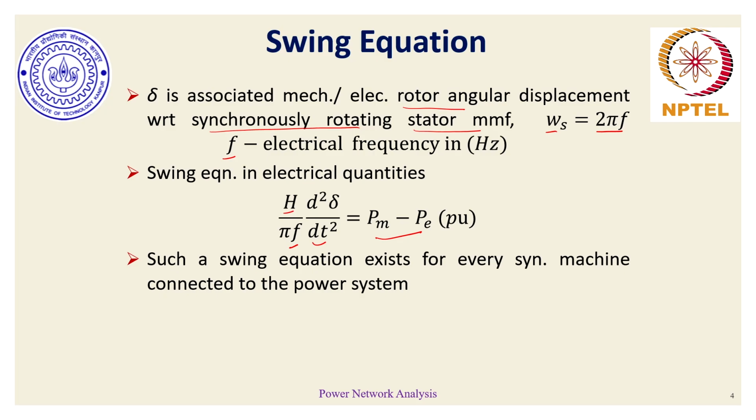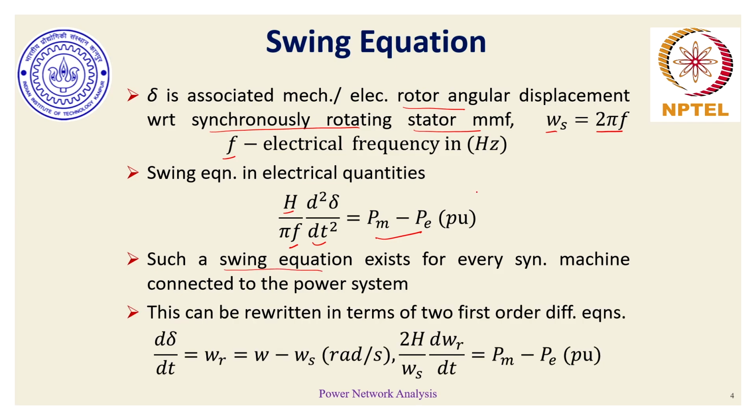Every synchronous machine connected to the power network will have such a swing equation, and this swing equation, which is a second order equation, can be broken down into two individual first order equations, where d delta by dt is defined as omega r, where omega r is the relative angular velocity of the rotor speed with respect to the synchronous speed omega s. Omega is the actual rotor speed with respect to the rotating axis in the synchronous machine. And the double derivative d square delta by dt square will become d omega r by dt.